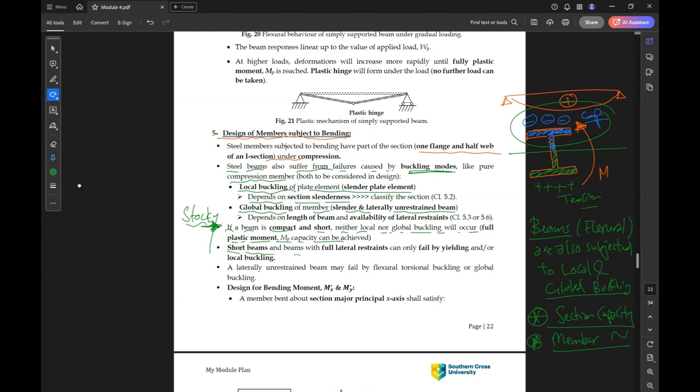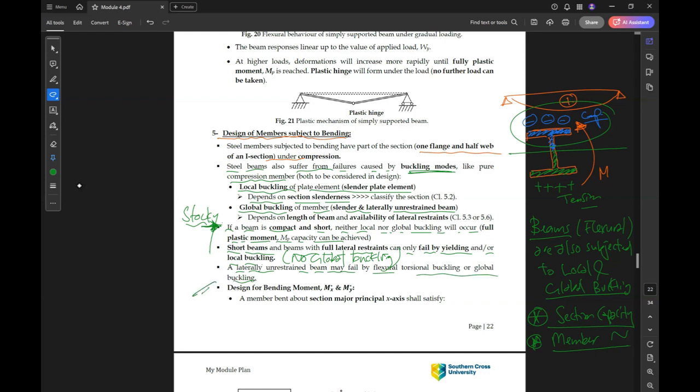Short beams and beams with full restraint can only fail by yielding and or local buckling. The short beams will not be subject to global buckling because they are short. A laterally unrestrained beam may fail by flexure torsion buckling or global buckling.